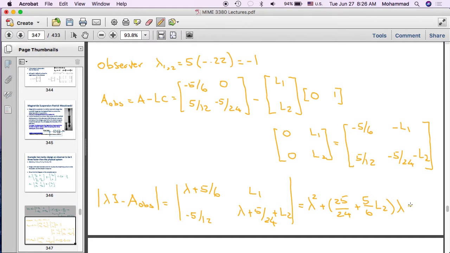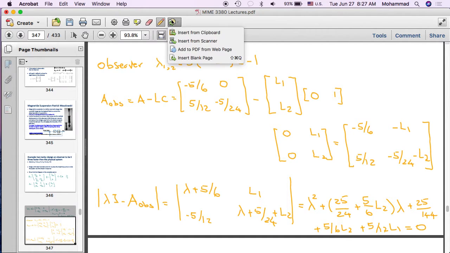Plus 25 over 144 plus 5/6 times L2 plus 5/12 times L1. And this is the characteristic equation of the observer.